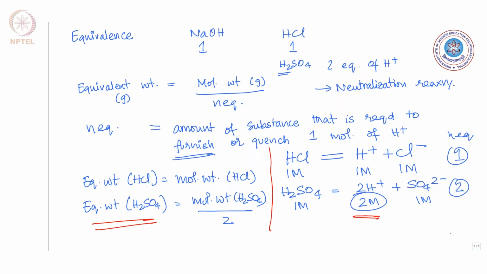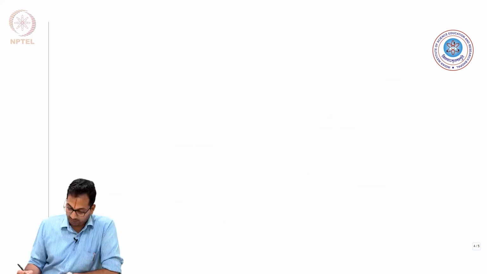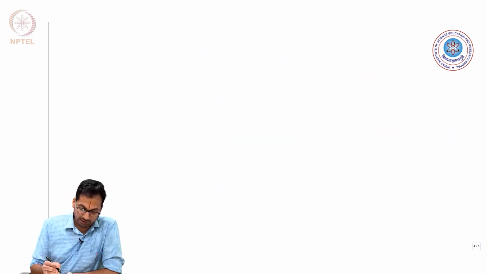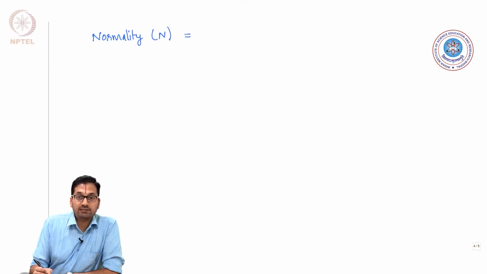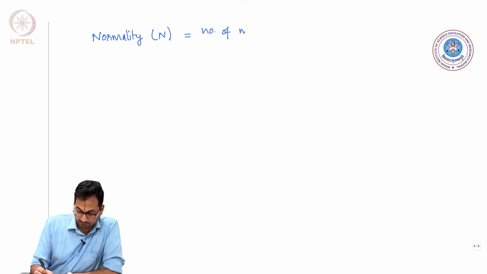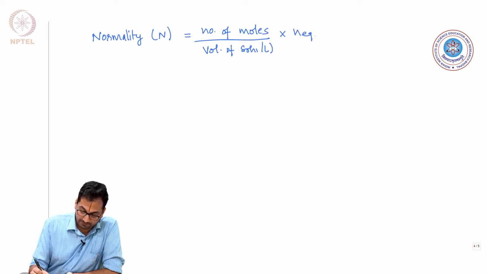Now, we have defined equivalent weight. The next definition we will look at is normality. Normality, given with the unit N, is defined as the number of moles present in a given volume of solution in liters, times the number of equivalents.